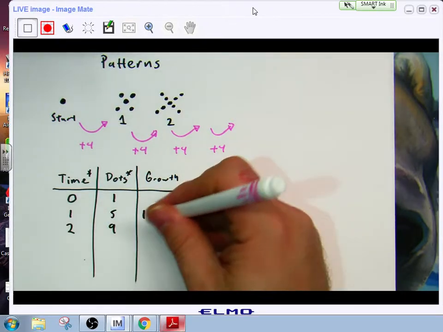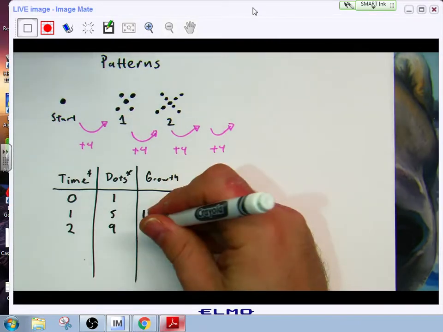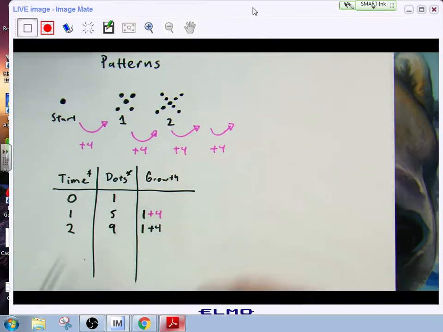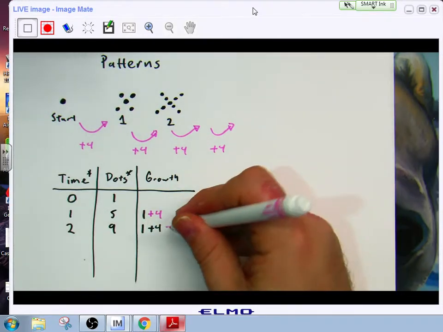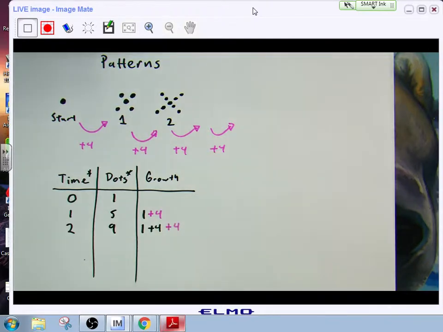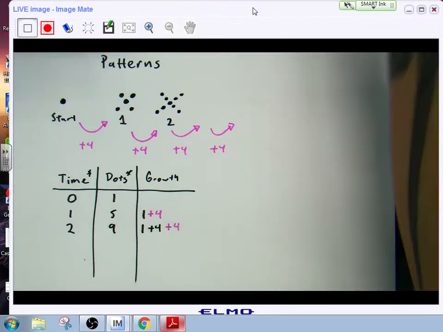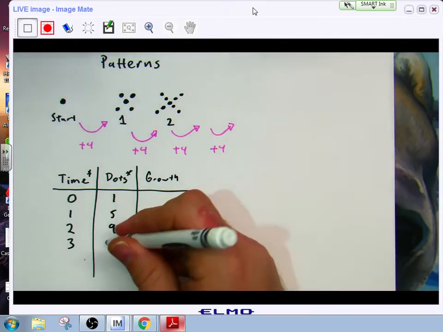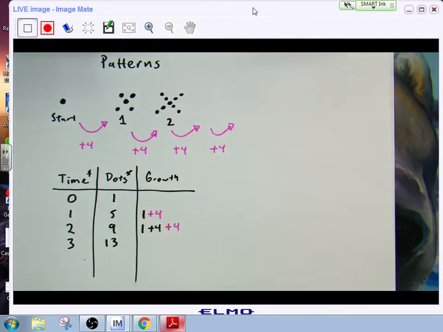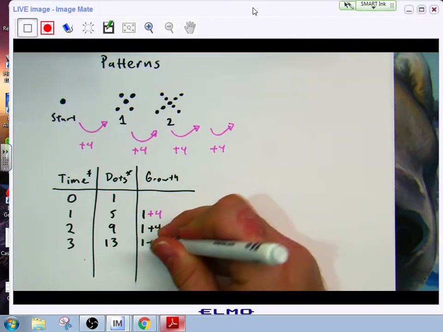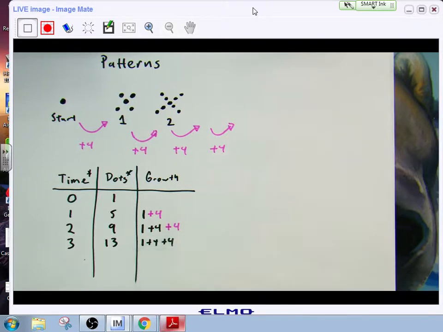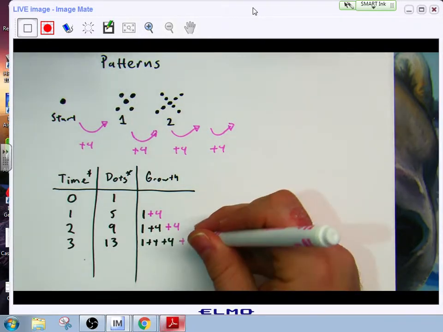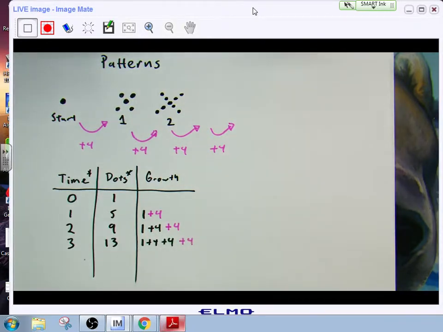Well, we had the previous step, which was 1 plus 4, and then we added another 4 to it. So at step 3, we would have what? 13 dots. And that's because we had the previous step, 1 plus 4 plus 4, and then we added another 4 to it.